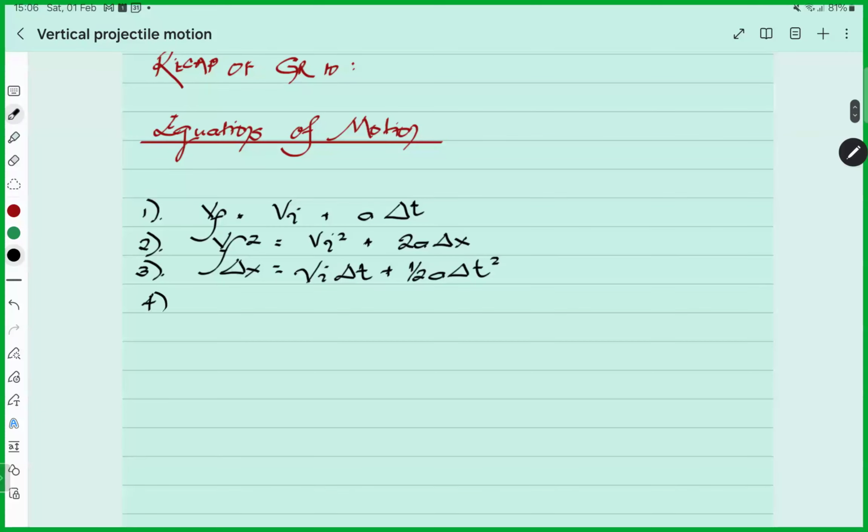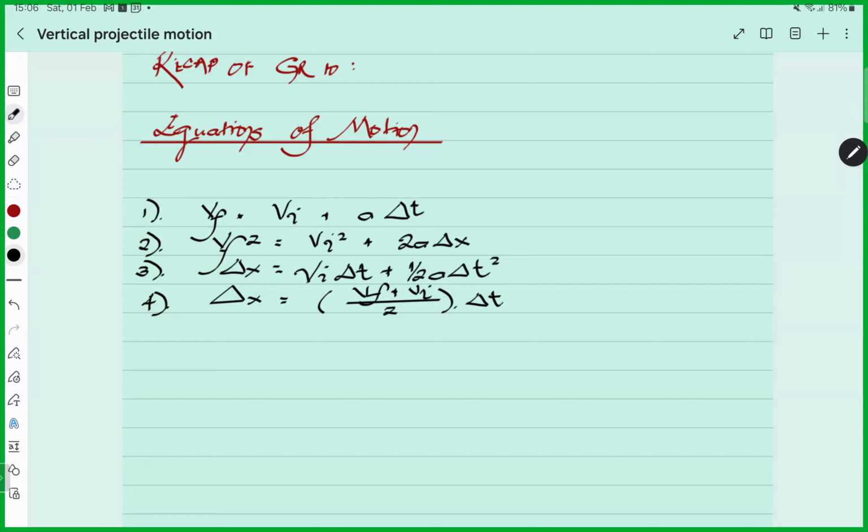And then the fourth one, delta X equals (Vf plus Vi) all over 2, times delta T.